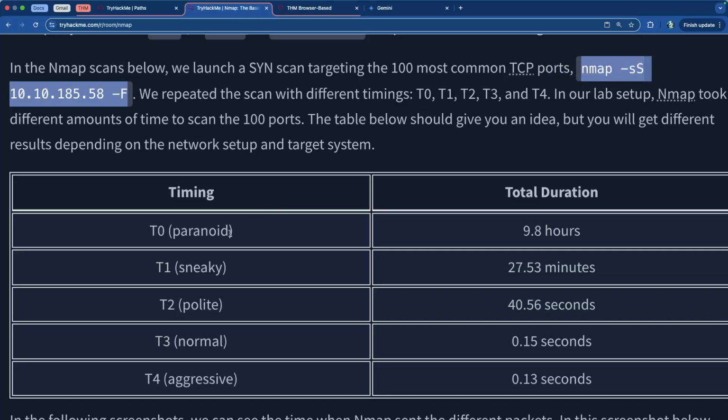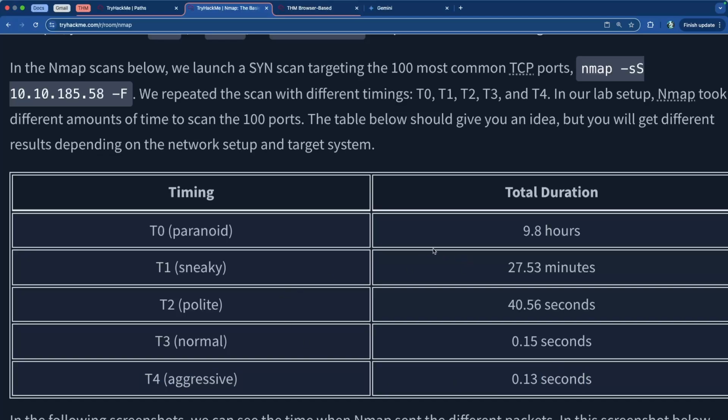So same scan, same exact scan, right? Except the first one was T0, meaning paranoid, and it took 9.8 hours against the 100 most common ports. T1 sneaky took 27 minutes. Polite took 40 seconds. Normal took 0.15 seconds, and aggressive took 0.13 seconds.